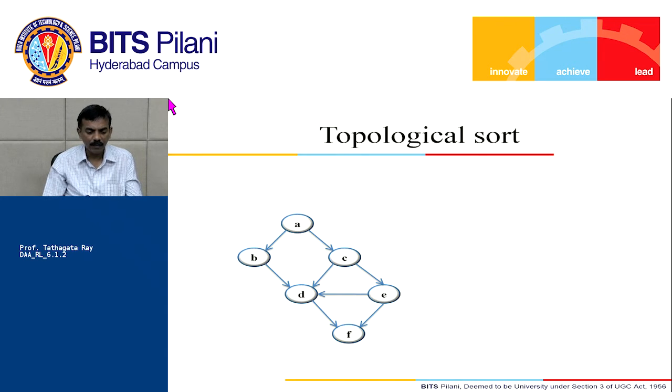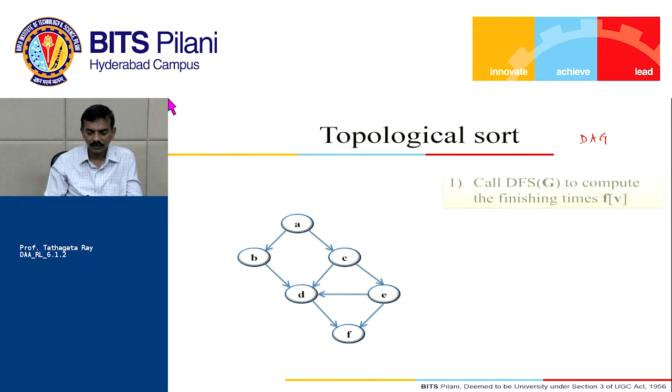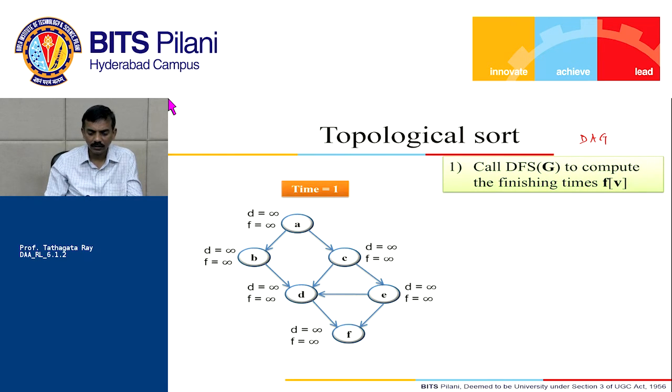So here is an example. You got a graph, a directed graph. In fact, this is all for a directed acyclic graph, in short we call it a DAG. Okay, so let's say we start with a node.